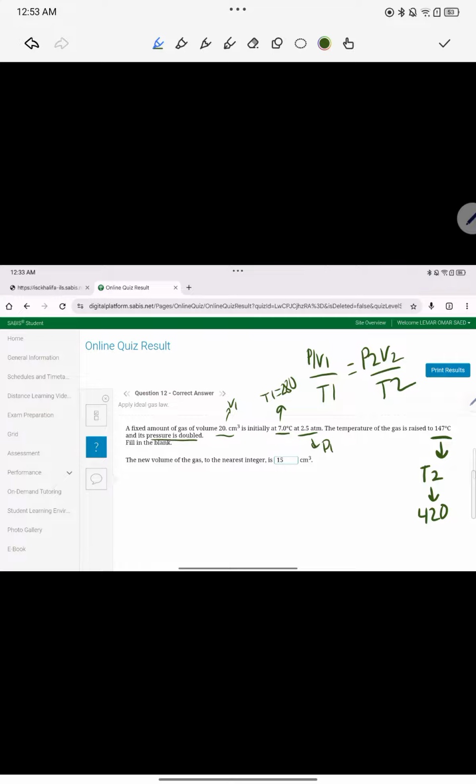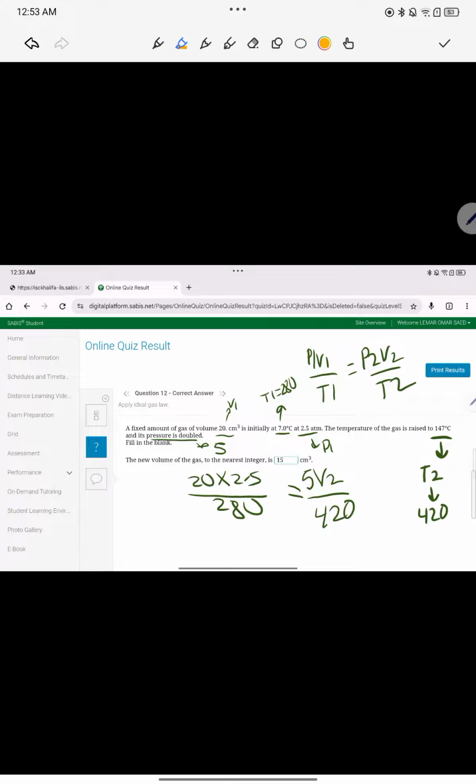Pressure 2 is double pressure 1, which is 5. Double means times 2, so this times 2 is equal to the second pressure. So now we apply it. 20 times 2.5 over temperature 1, 280 equal to pressure 2, 5 V2 over 420.